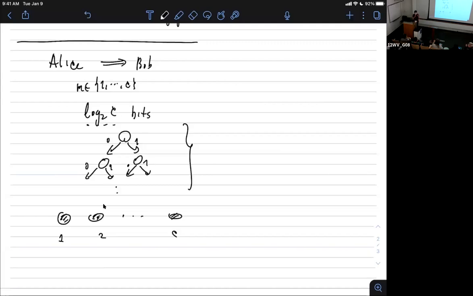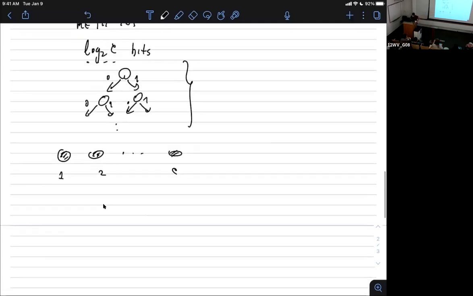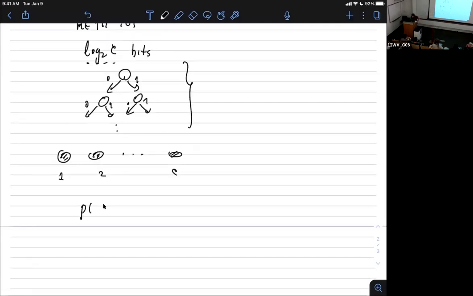And what this says is that for each of the possible words, if Bob knew how likely it is that the message is going to be sent by Alice, relatively, because it's a probability, what Alice needs to use is minus log 2 of the chance of the message being sent.